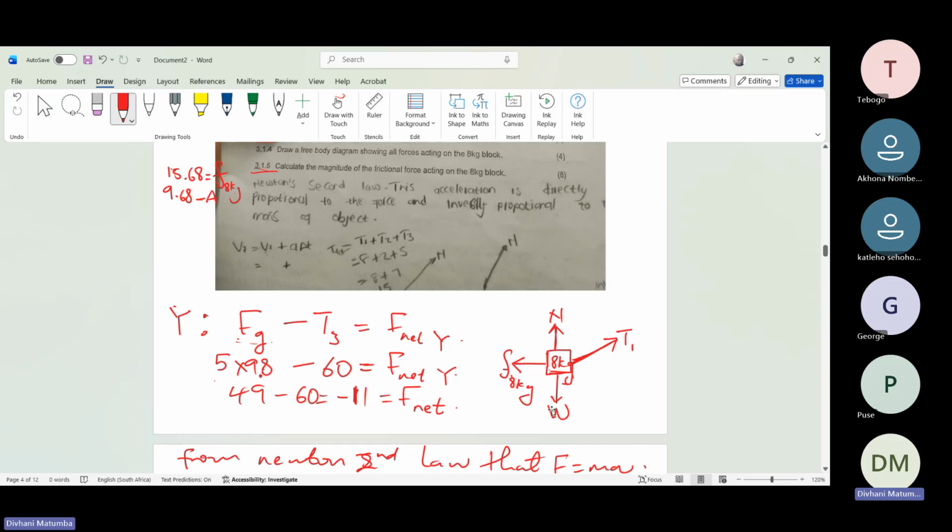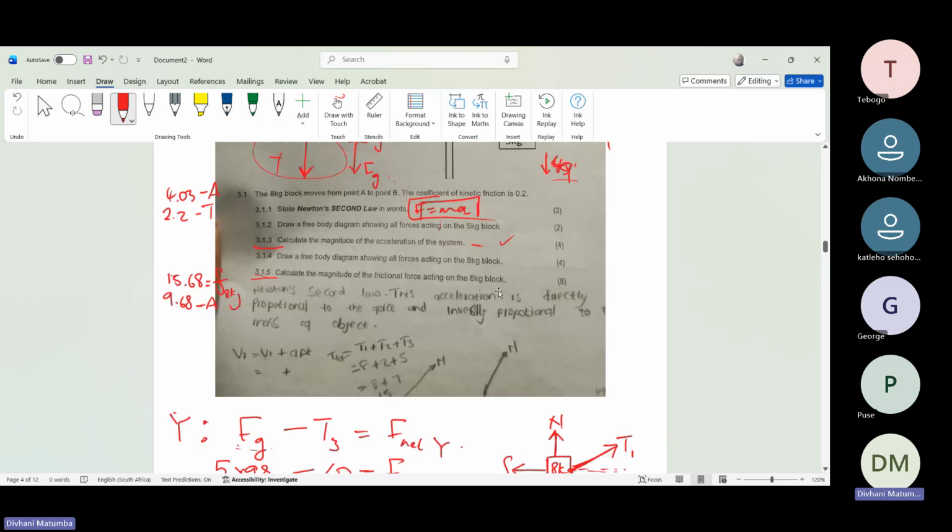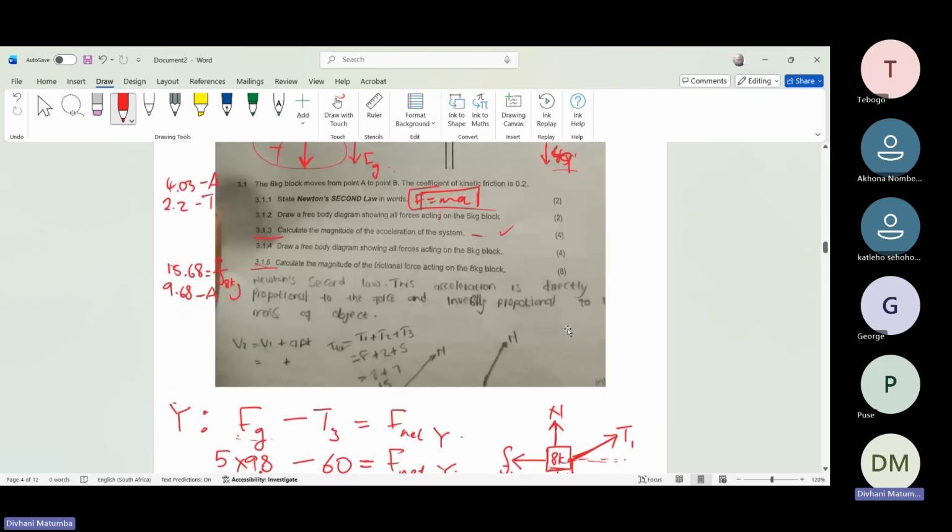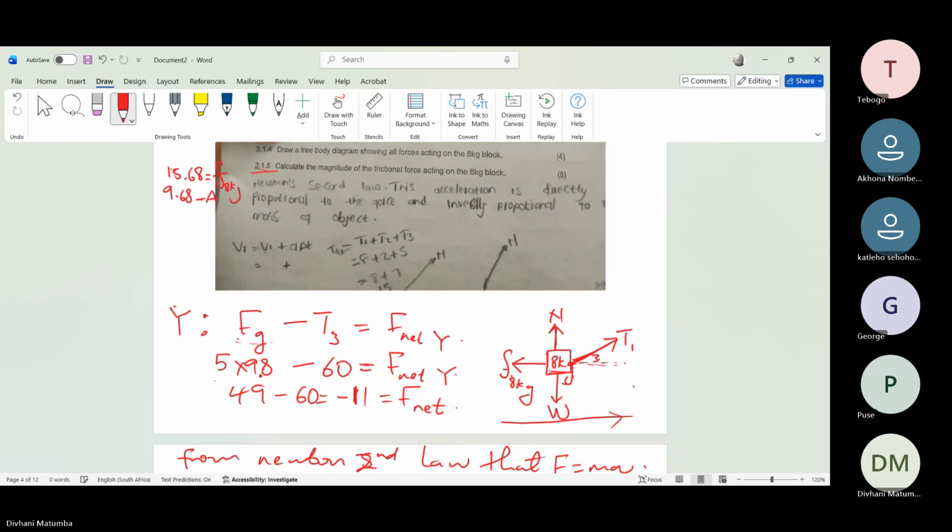Did you get something of this sort, along this line? Yes. Okay. And the angle was 30 degrees. Okay, fine.